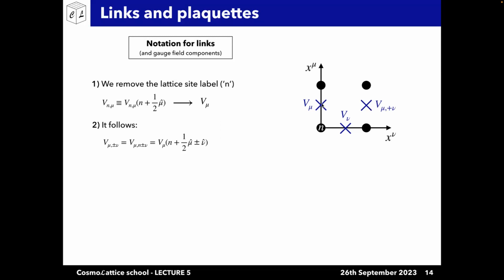It's like we take B mu and then we push it one step in the direction towards x nu. And then we also define B of minus mu as the complex conjugate of the link B mu minus mu, which is B mu evaluated at n minus 1/2 of mu. So this link is gonna live here, right?